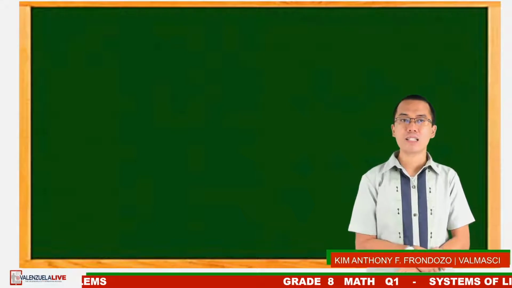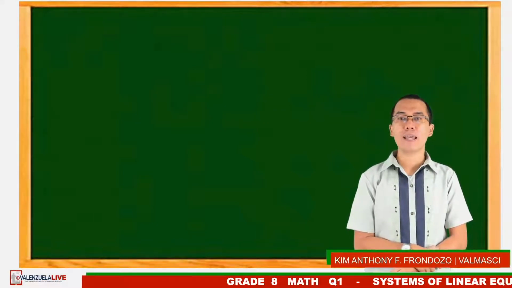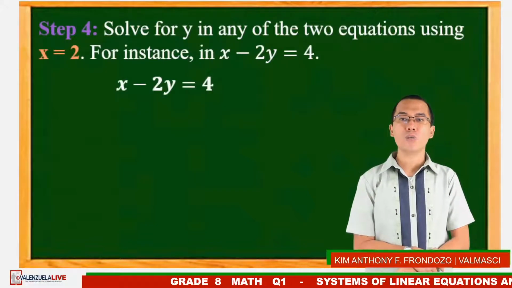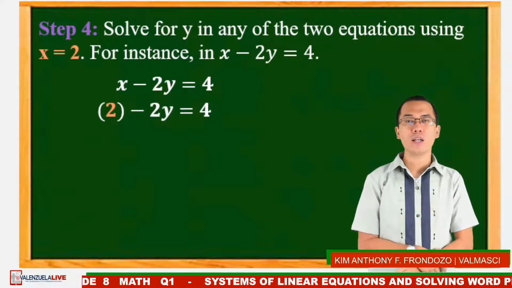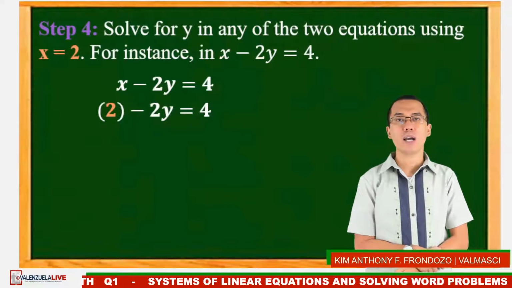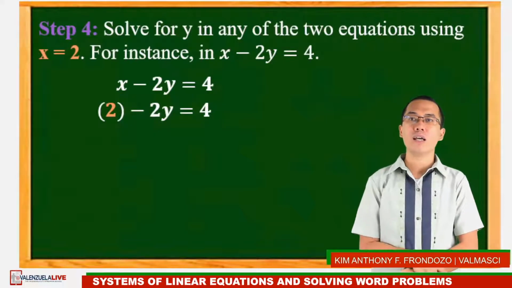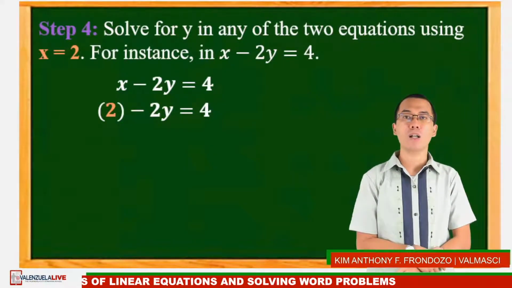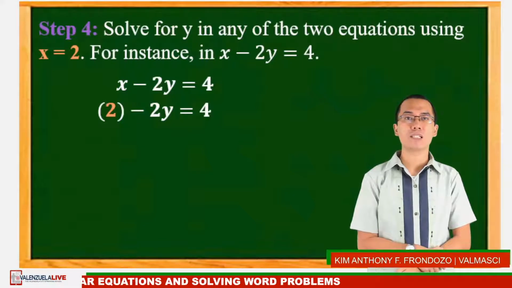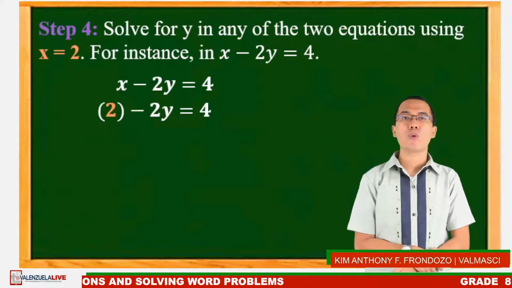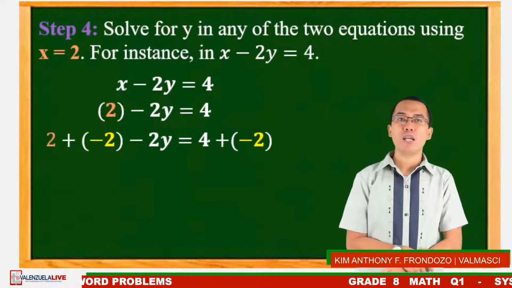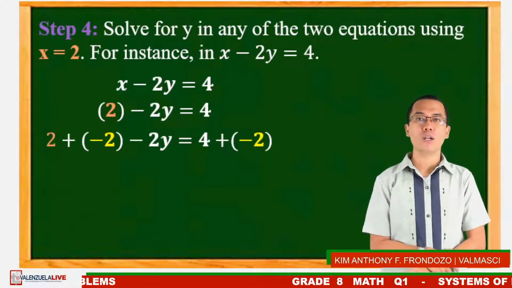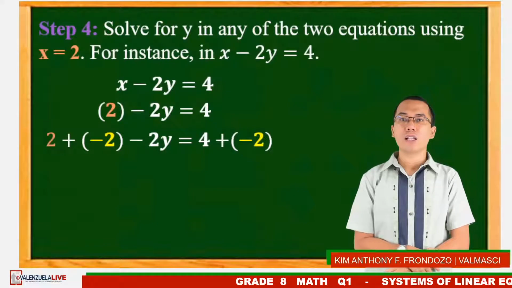For instance, in x minus 2y is equal to 4, then we'll have x minus 2y is equal to 4. So by substitution, we'll have 2 minus 2y is equal to 4. Then by addition property of equality, we will add both sides by negative 2. So we will have 2 plus negative 2 minus 2y is equal to 4 plus negative 2.